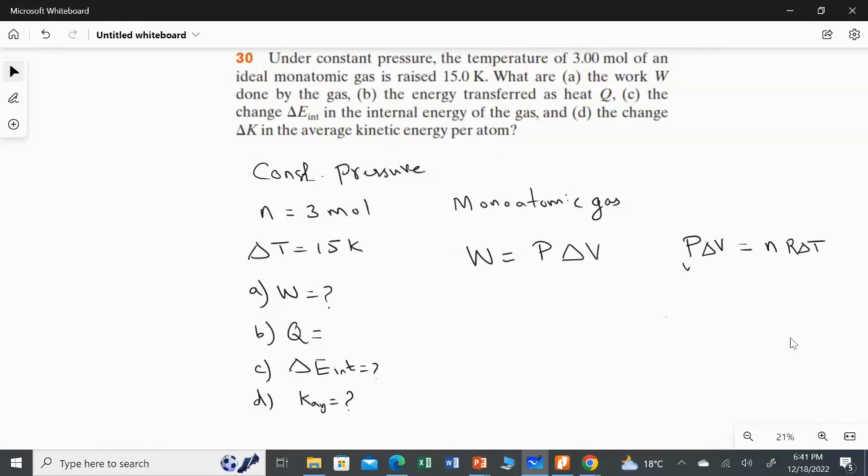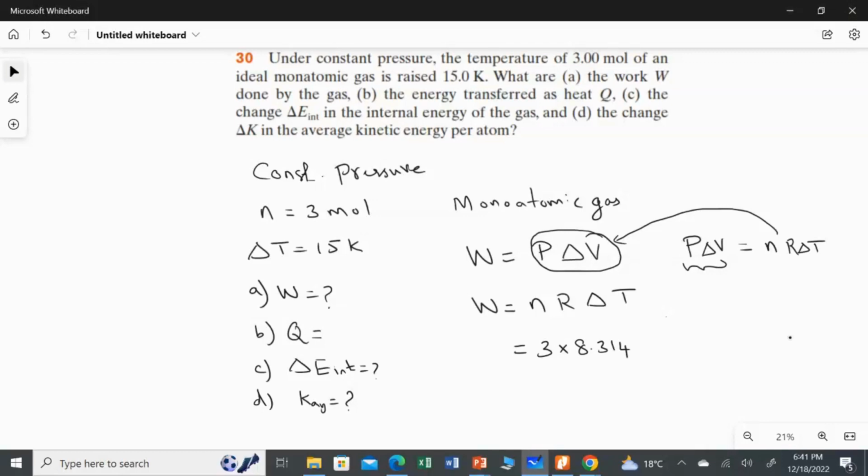So here we have P delta V. In place of this P delta V, I'm going to substitute nR delta T. So we can write the work done equals nR delta T. Now we have all the information. The number of moles of gas is 3, multiplied by the gas constant 8.314, or we can just take 8.31, it's up to you, multiplied by delta T. What is the value of delta T here? 15.